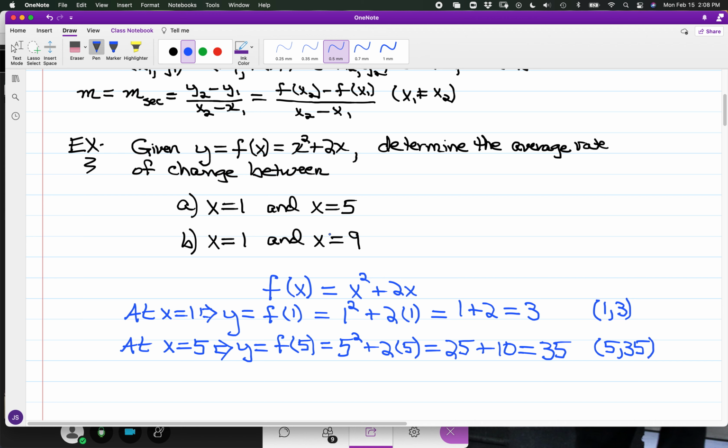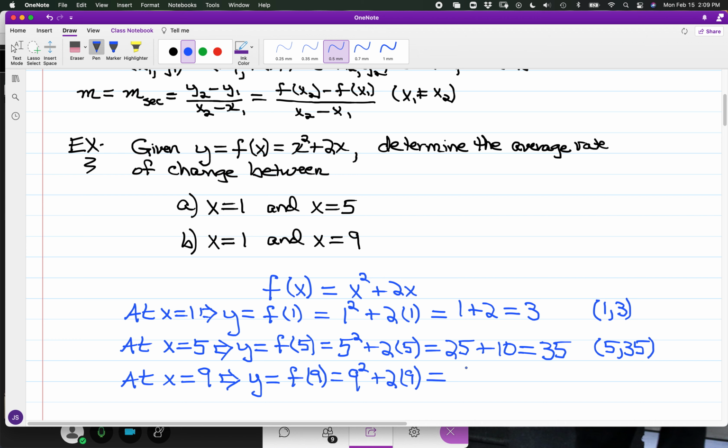And we can go ahead and determine the y value whenever x is equal to 9. For the corresponding y value, you have f of 9, running through the same treatment as we did earlier with x at 1 and x at 5.